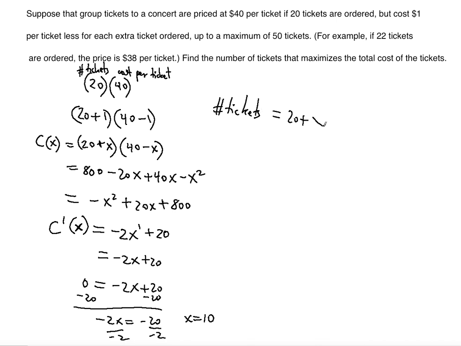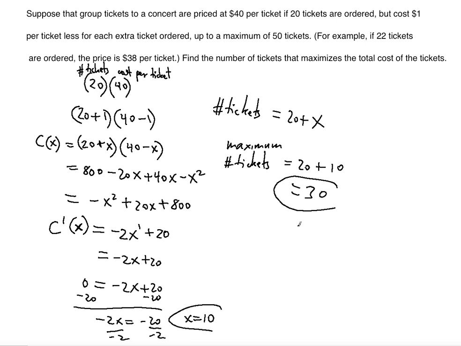20 plus x. So now using the value that we found, x is equal to 10, we can find the maximum number of tickets, which is simply 20 plus 10, and that is equal to 30. Sorry, not the maximum, the number of tickets that will maximize the cost.